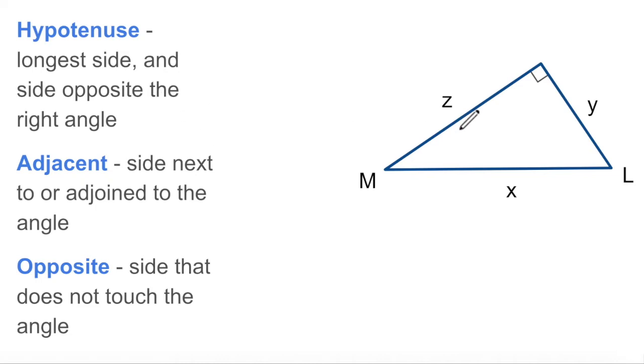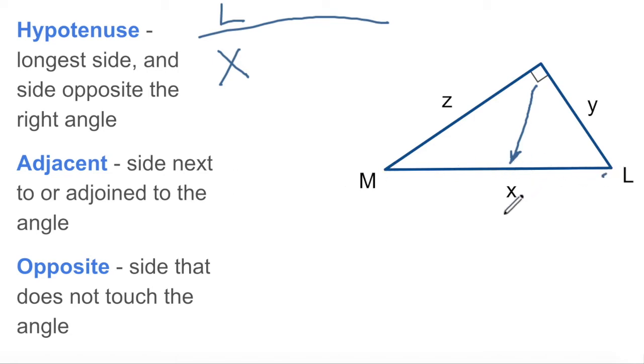So again, the hypotenuse in this triangle, this triangle is oriented differently. So don't be thrown by that. Here's the right angle, right? Which side is opposite the right angle? X. So here x is our hypotenuse. Then we're going to find out for angle L, which side is adjacent? Which side is adjacent to angle L?